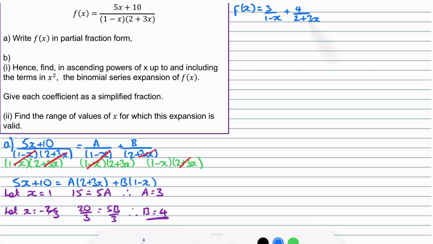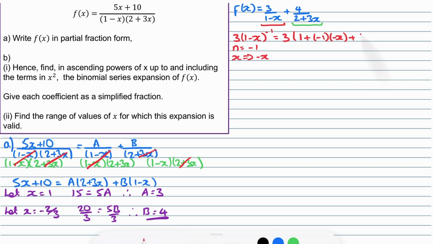Now for part B, we need to find the series expansion for each of these fractions. So I'll look at this one in red, and we'll do this second fraction in green. So 3 over 1 minus x we can write as 3 multiplied by 1 minus x to the negative 1. So our power, our n term, will be negative 1, and x will map onto negative x. So using the binomial expansion, we'll have 3 multiplied by 1 plus the n term multiplied by the x term.